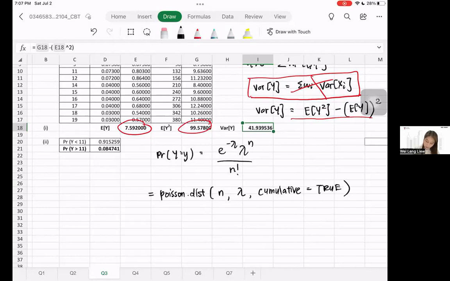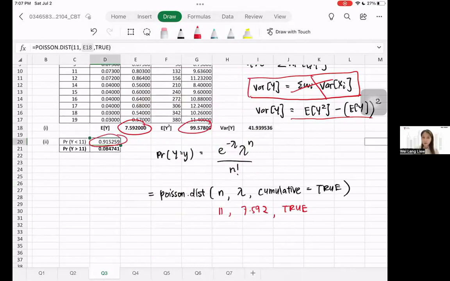In this context, how I did this is that for the Poisson distribution, we want claims that are greater than 11, which is greater than 11 exclusive. We exclude 11. So our n here is 11, and our lambda is 7.592. Your cumulative would be true because you want to get the accumulated value from 0 claims to 11 claims.